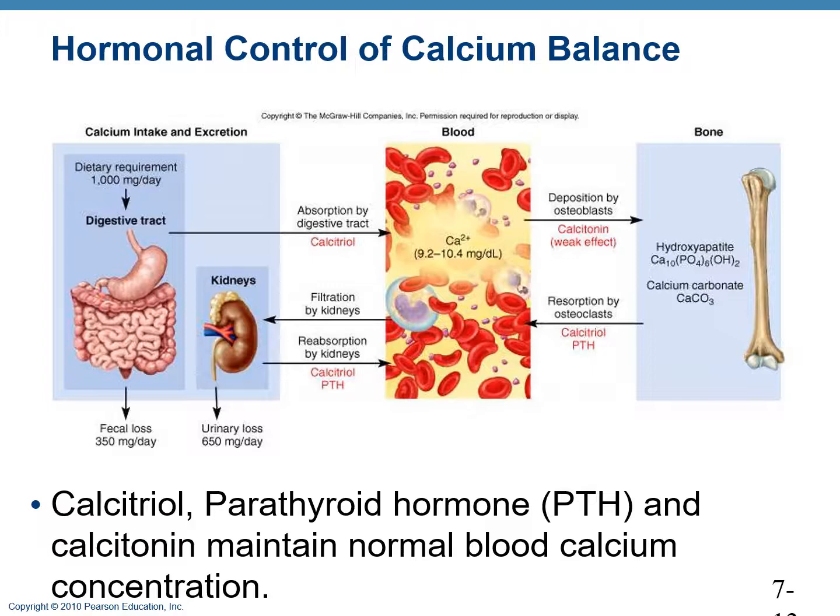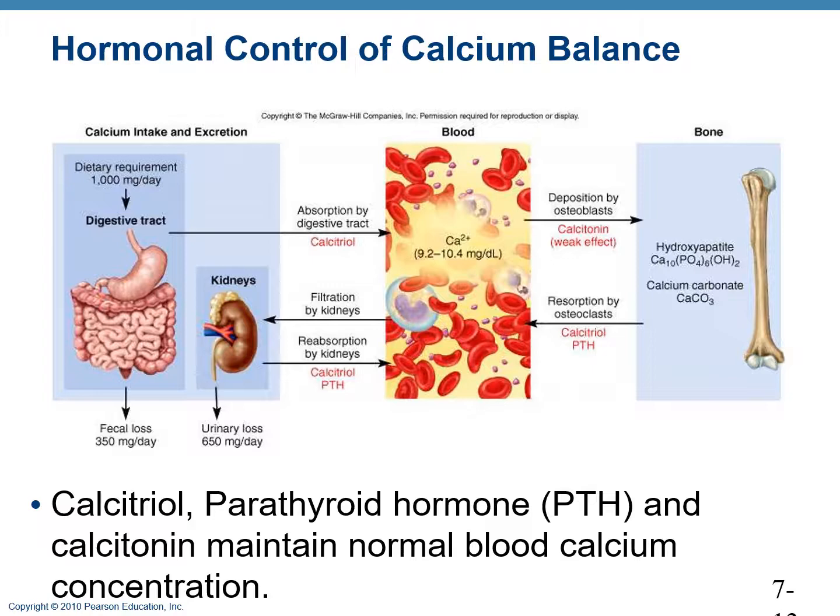Now calcitonin is going to do the opposite. It is going to decrease blood calcium levels. And again, you're going to see an arrow, in this case, leading away from the bloodstream. Now, calcitonin is produced by the thyroid gland in what are known as C cells or clear cells.